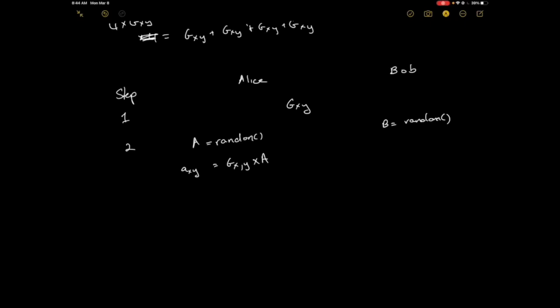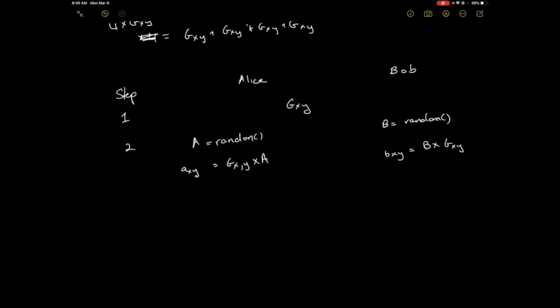Then we'll get our public key A x y, which is a public point on the curve. So this is going to be an x y value on the curve. And Bob will do the same thing. We'll calculate his public point by doing a scalar multiple of G x y.